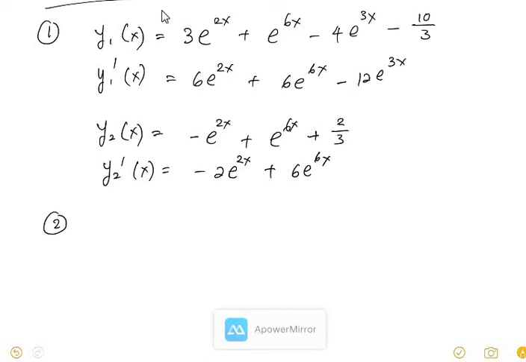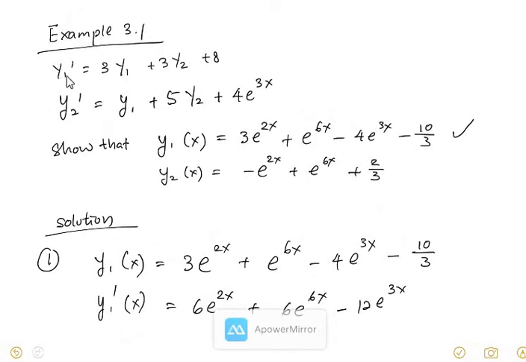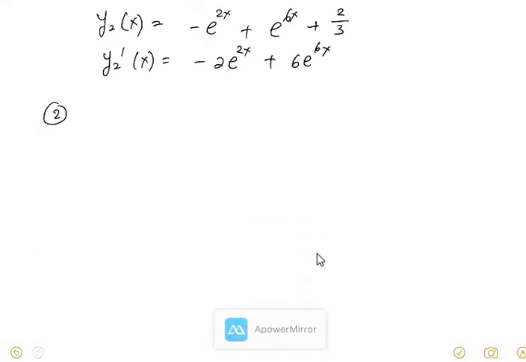Then step 2, we need to substitute the values. We use this equation: y1 prime equals 3y1 plus 3y2 plus 8. We substitute the value of y1 and the value of y2, and see whether we get the same value as calculated here. So y1 prime equals 3y1 plus 3y2 plus 8.